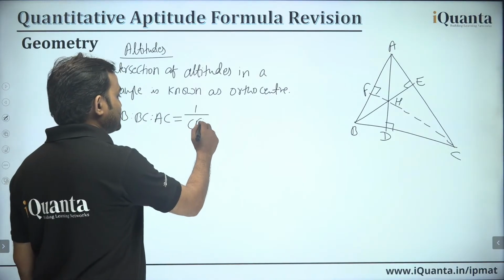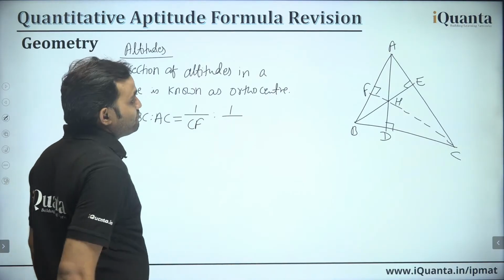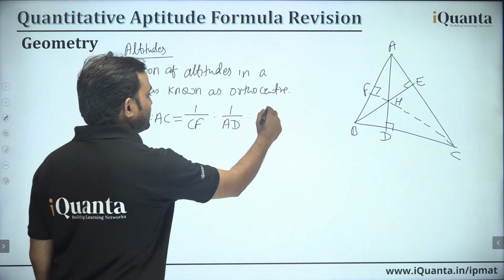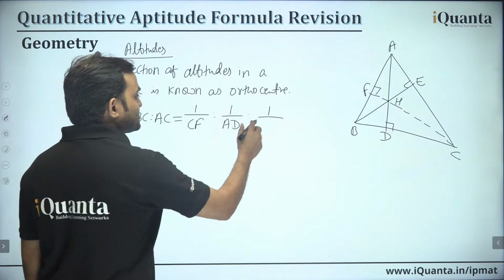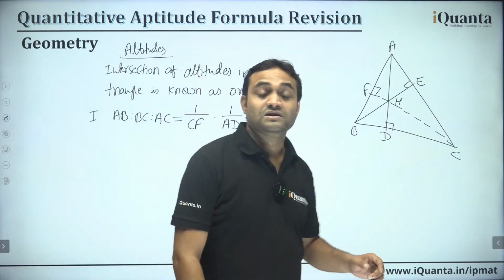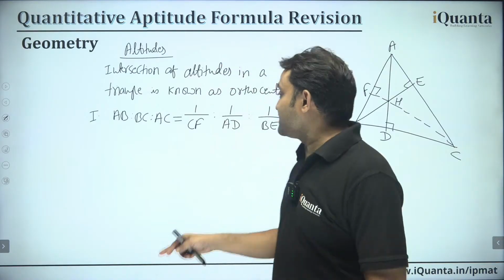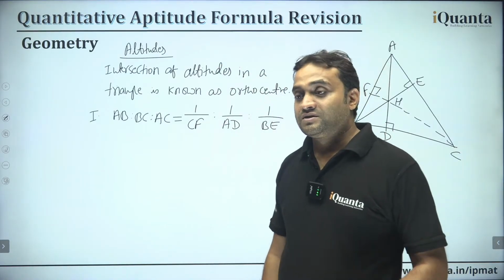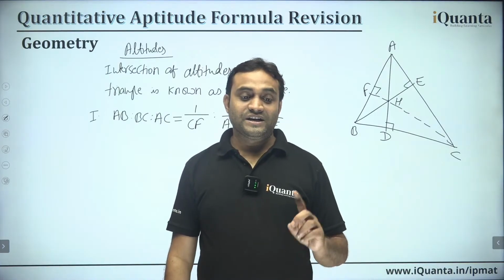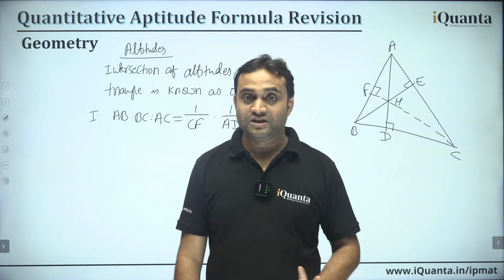So 1 by CF is to 1 by AD, the altitude to BC, is to 1 by BE, the altitude to AC. So you can remember this relation between the ratio of side lengths and the ratio of the altitudes. The side lengths are always in the ratio of the reciprocal of the altitudes, है ना?